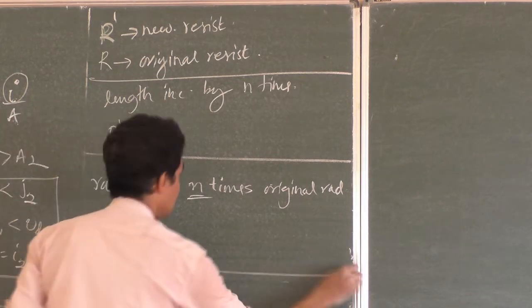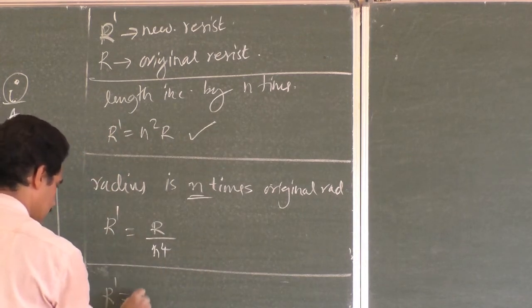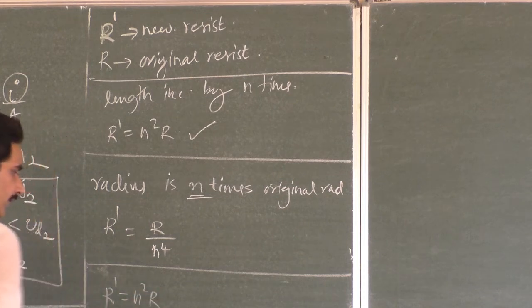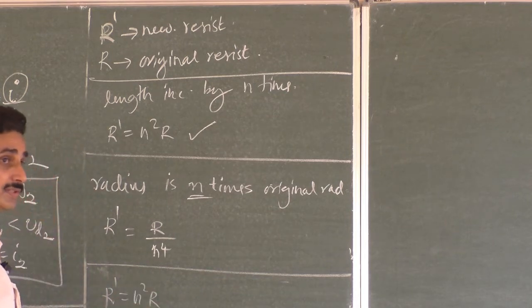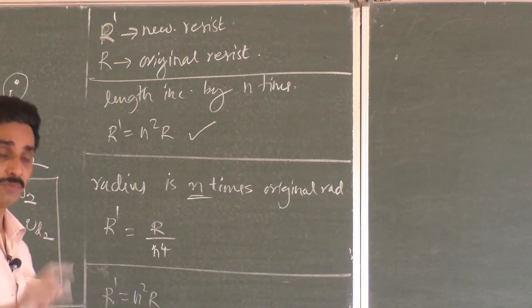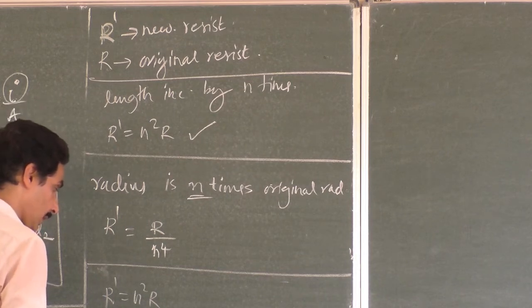Now coming back to this, what is the problem? A wire is stretched by 2%. You know R dash is n square R. If a wire is stretched by 20%, what will you write here? Stretched by 20% means you have original value 1, and 20% extra. If it is 100, it is 120. If it is 10, it is 12. If it is 1, it is 1.2.